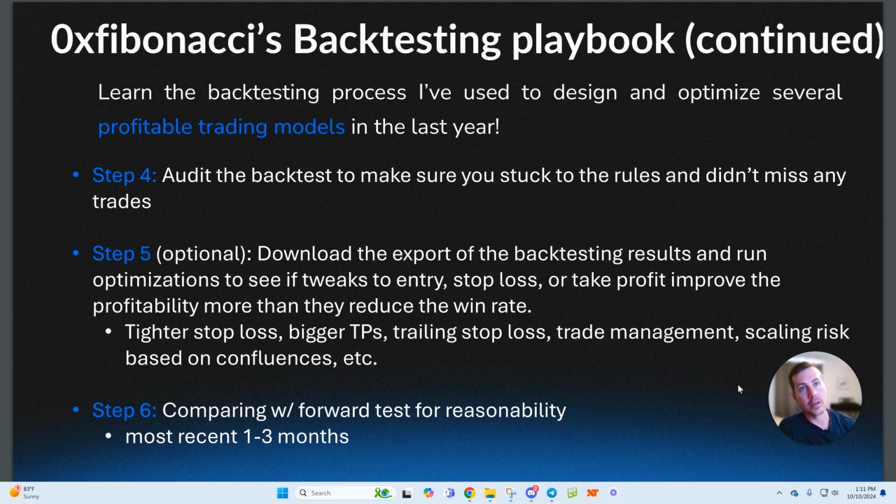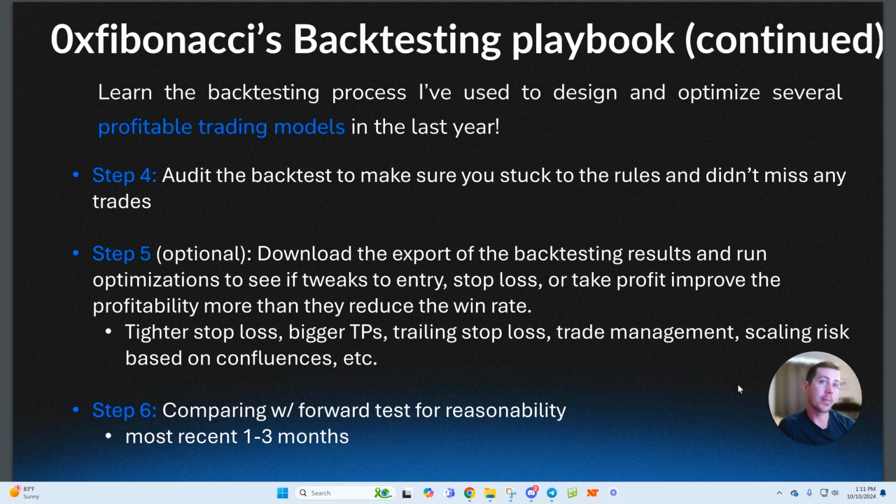But I think going back and auditing the backtest that you've done to make sure you stuck to all the rules of the strategy, you didn't miss any trades, you didn't see that, oh, this trade would have worked out, but it wasn't exactly the rules. Oftentimes you'll have a bias in backtesting and try to sneak in trades that should have been losses or weren't proper setups. So I think auditing the backtest is really helpful to make sure you're getting basically correct data at that point.